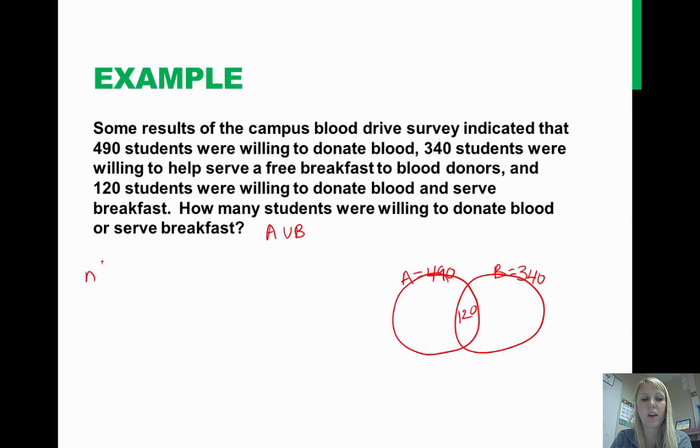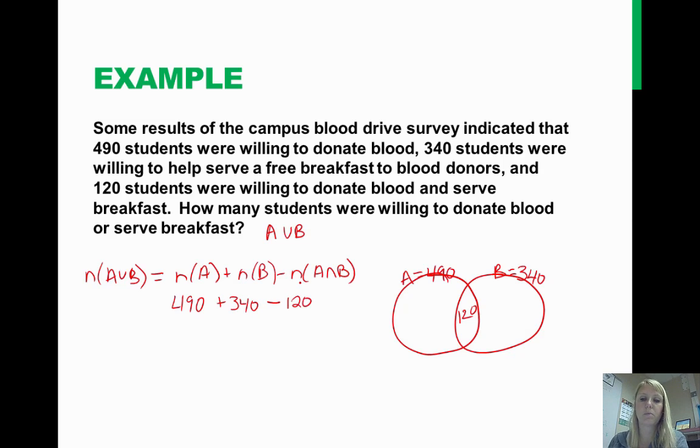So remember, we have the cardinality of A union B equals the cardinality of A plus the cardinality of B minus the cardinality of A intersect B. Well, they've given us everything we need for this problem. We know that there are 490 students in A, plus there's 340 students in B, and we need to subtract 120 students from the intersection of the two of them.